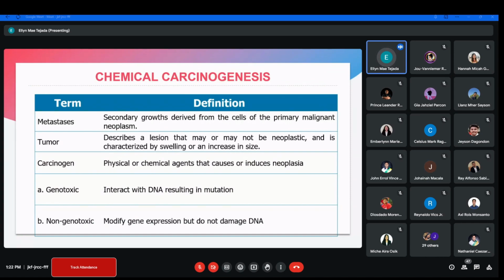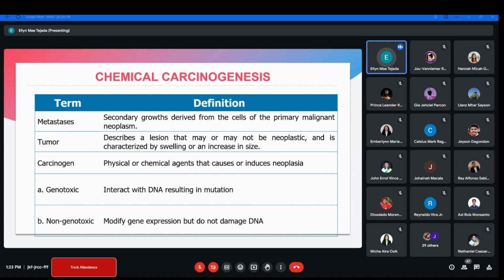Carcinogens can be of five categories that we should consider: chemical, viruses, radiation, hormones, or solid materials. Those are the five factors that we can consider in having carcinogens.